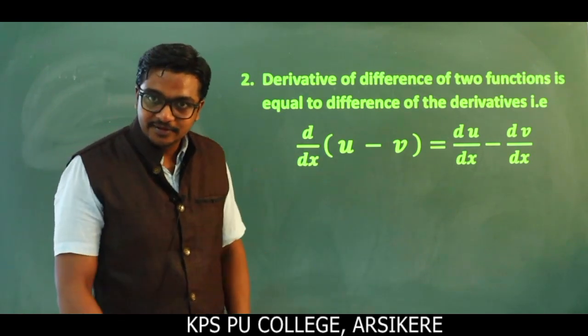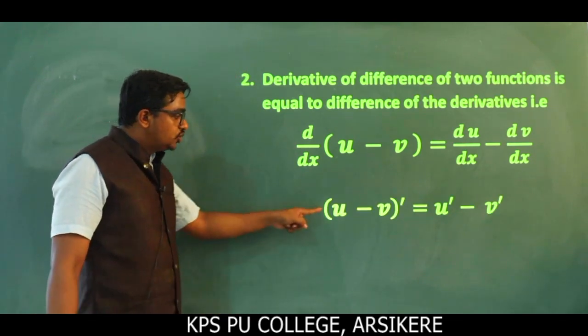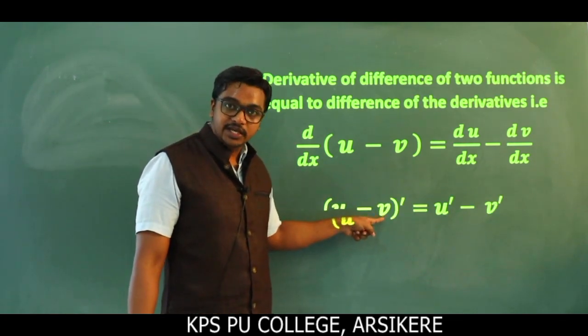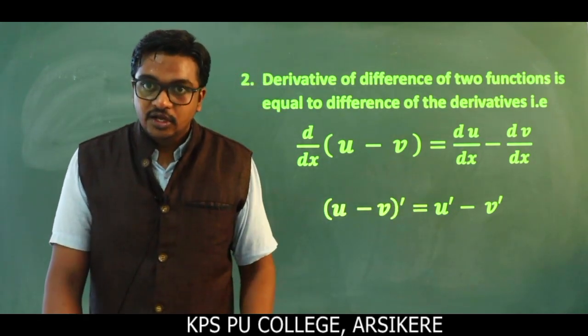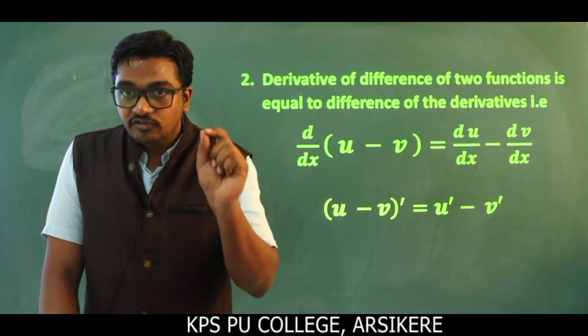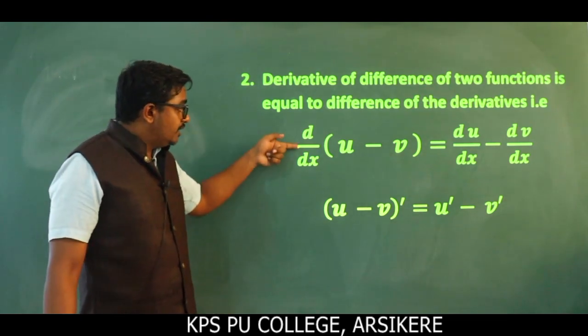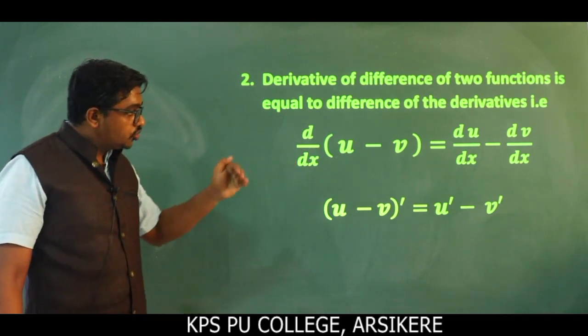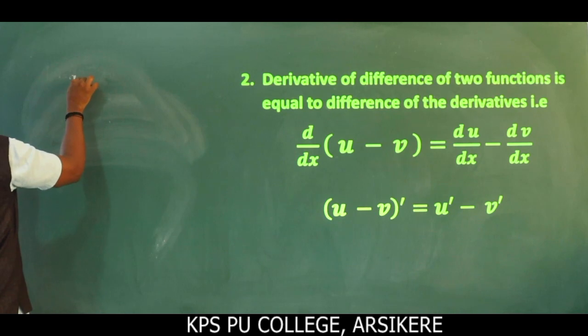This can also be written as u minus v whole dash is equal to u dash minus v dash. u dash represents the derivative of u and v dash represents the derivative of v. d by dx of u minus v is equal to du by dx minus dv by dx. I will give the same example, x minus sin x.